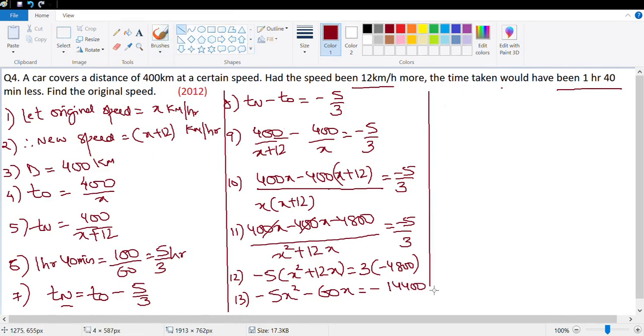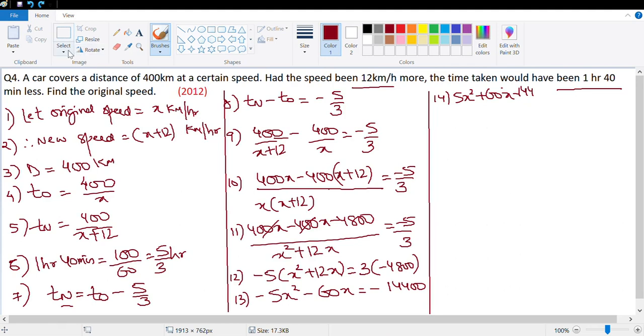Okay, let's bring everything on one side. So this will give us 5x squared plus 60x minus 14400 is equal to 0. I notice all elements have 5 common, so let's divide both sides by 5.